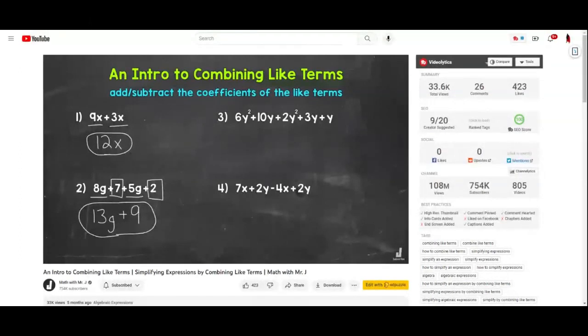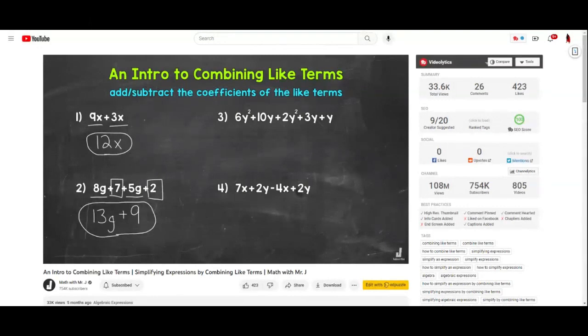We were just able to simplify the original expression by combining like terms. We started with 4 total terms, but we were able to combine like terms, and now we only have 2 total terms.